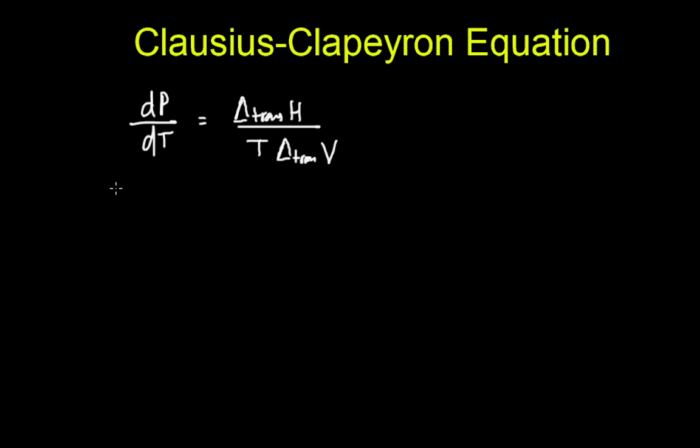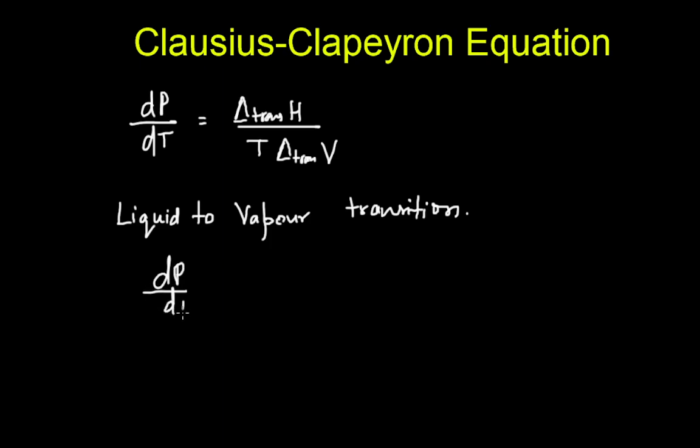So for a liquid to vapor transition, this will reduce to delta P by delta T is equal to delta vaporization H divided by T, delta vaporization V, right?